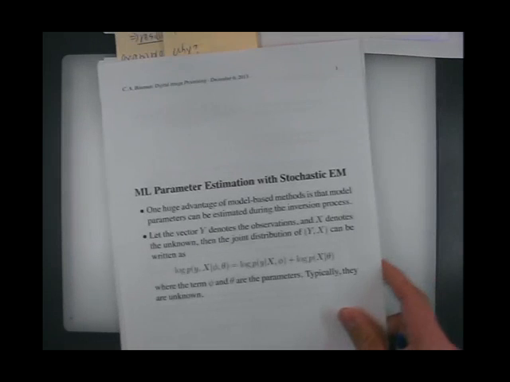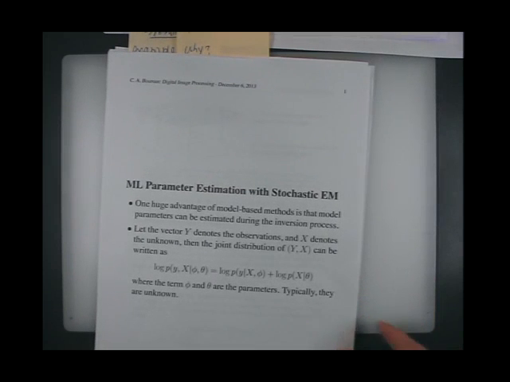Today I'll continue talking about Bayesian estimation. The last subsection is called maximum likelihood parameter estimation with Stochastic EM. First of all, I would like to go back to the objective of this entire chapter again.